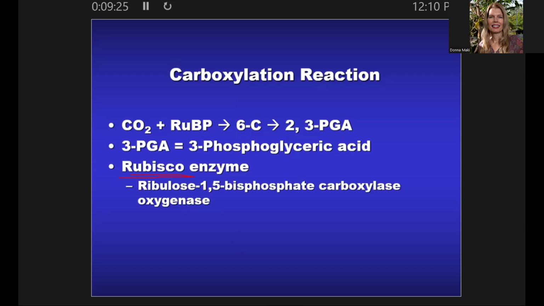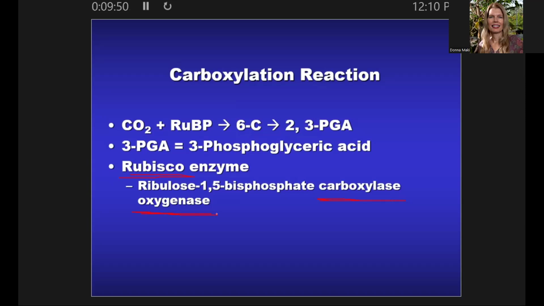So thankfully, it comes down to this nice handy acronym of Rubisco. But I wanted to spell it all out because it's important that you see this weirdness going on. There's a carboxylase word in here and an oxygenase word. ASE on the end of a word in science means it's an enzyme.